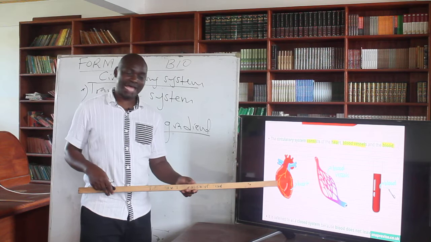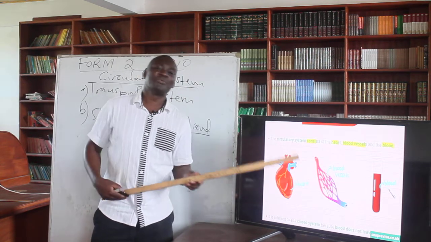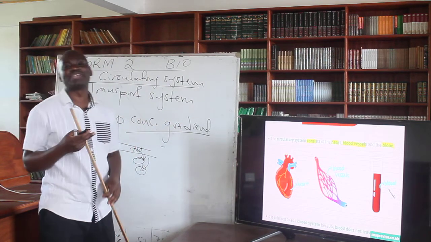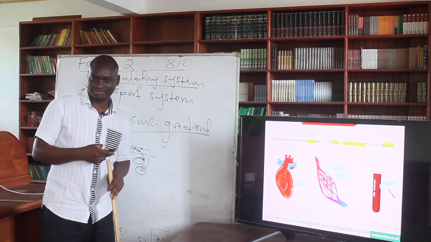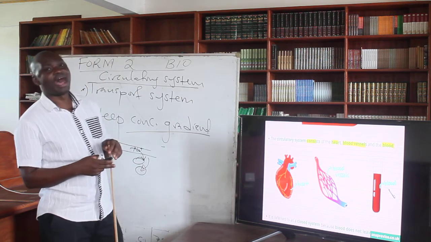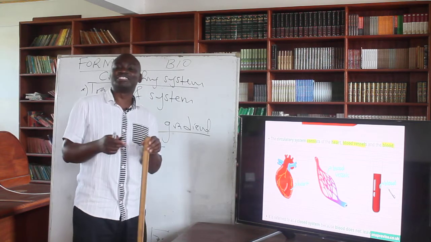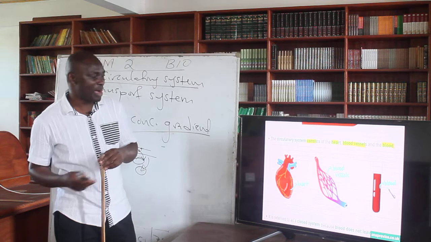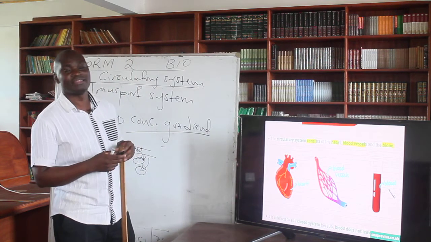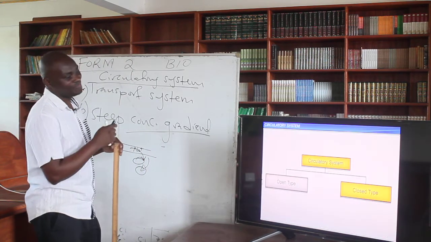It is like when we are talking of transport in business: we must have the roads, we must have the engine that ensures that the vehicles move about, and we must have the vehicles themselves to carry the goods from one part to the other.